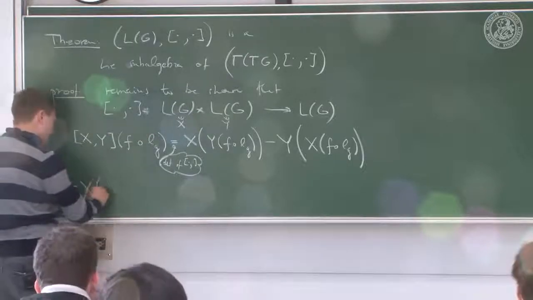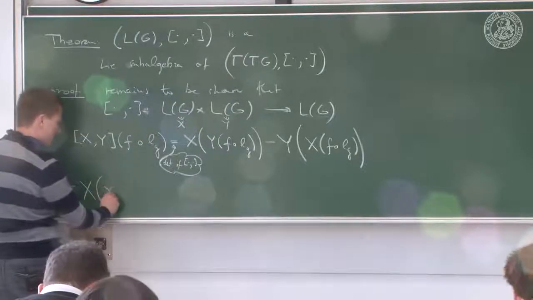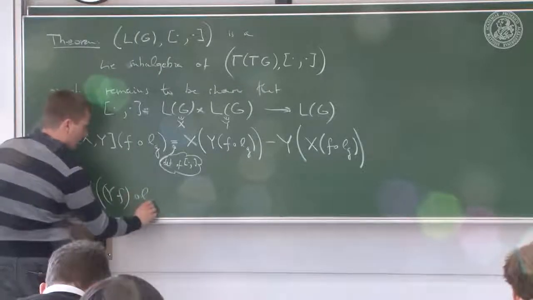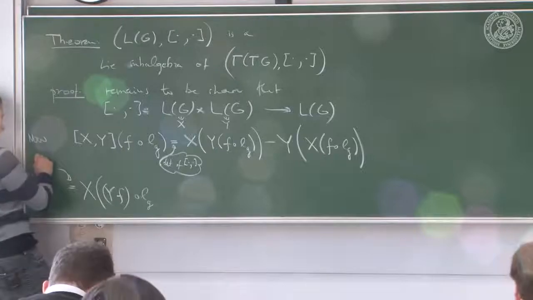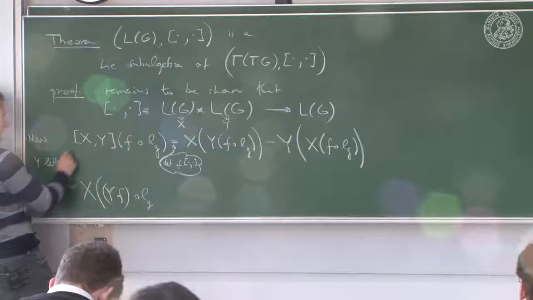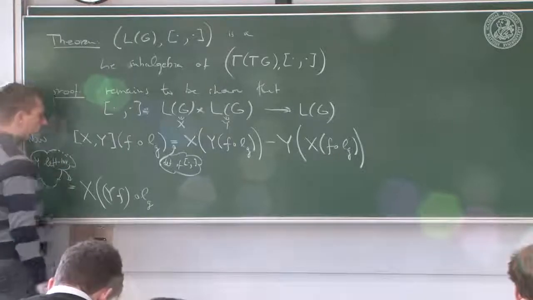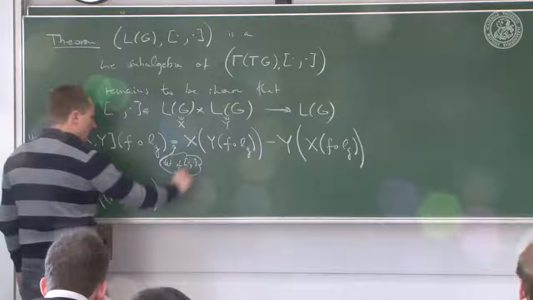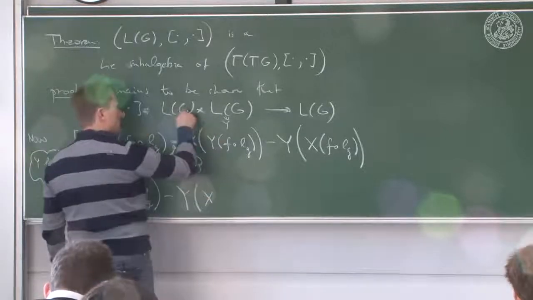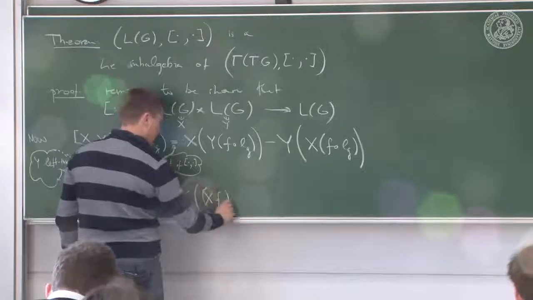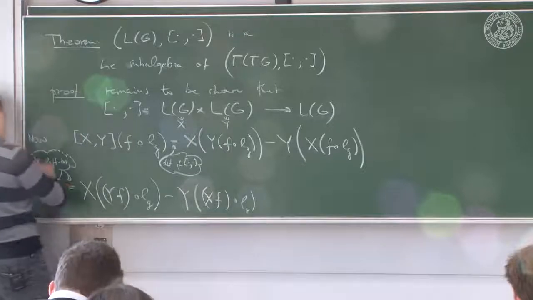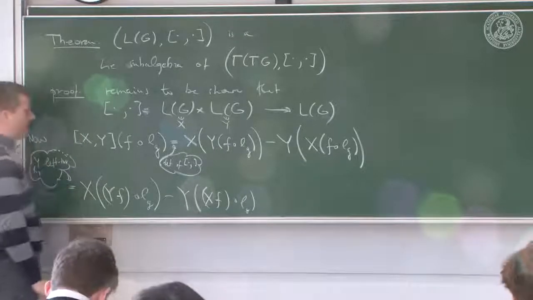So it's x of y f after Lg, because y is left invariant. Close bracket, minus, well, now we do the same thing with x, because x is also assumed to be left invariant. It's x f after L sub g. So this equal sign uses that x and y are left invariant.